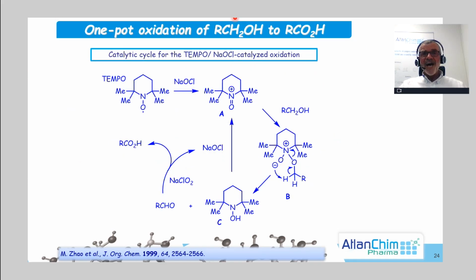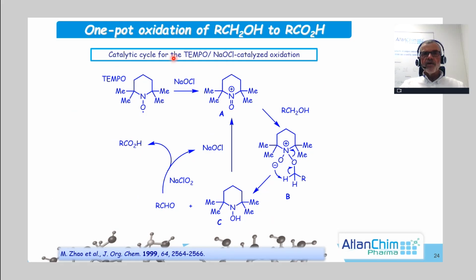The remarkable acceleration of the oxidation with a catalytic amount of sodium hypochlorite can be explained by the catalytic cycle proposed in this slide.